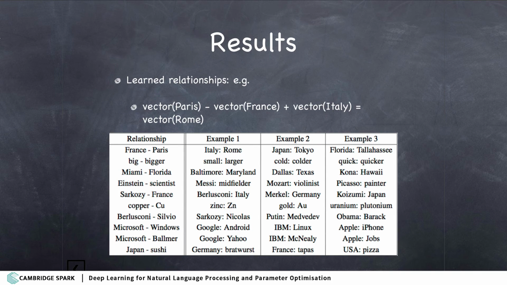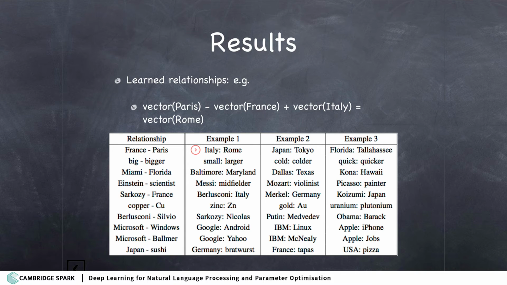And when they applied those representations to the task at hand, these are the results they got. Given the machine the pair France and Paris, and then asking it to predict something on the basis of Italy, they would get Rome as the answer to this analogy between words.